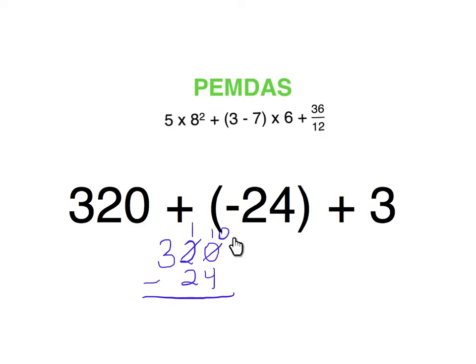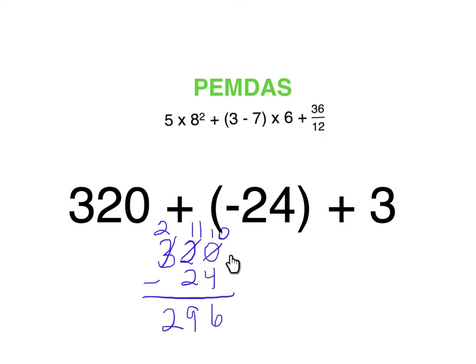Now we can do 10 minus 4 is 6. You can't subtract 2 from 1, so we're going to need to borrow from the 3, making this an 11. 11 minus 2 is 9. And now we just have 2 minus 0, which is 2.